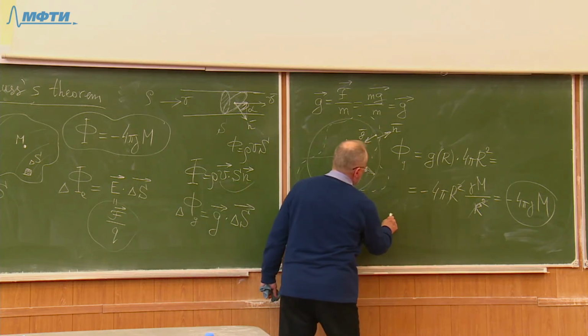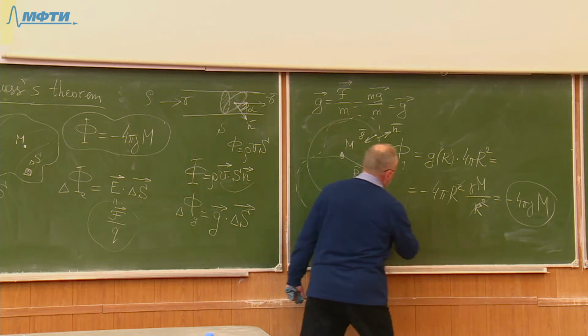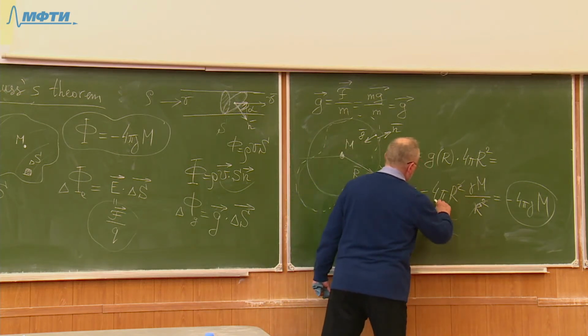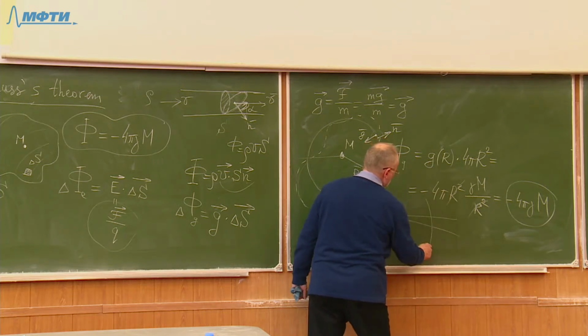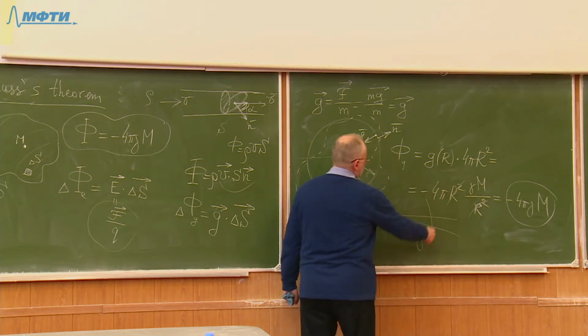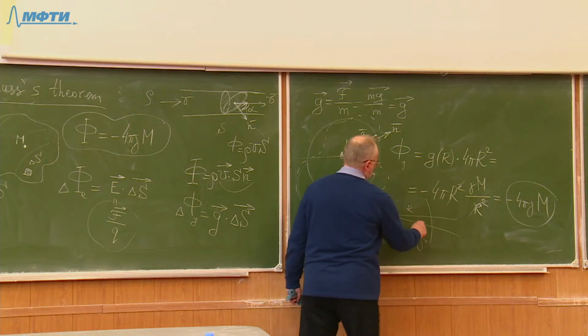Let me draw another figure. So this is the central mass, and I consider some central angle, and this is the surface of the sphere of radius r.